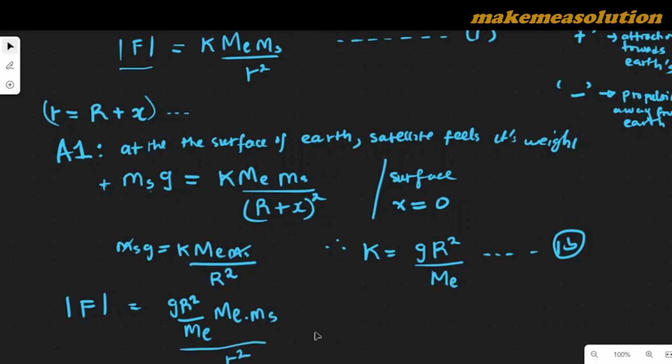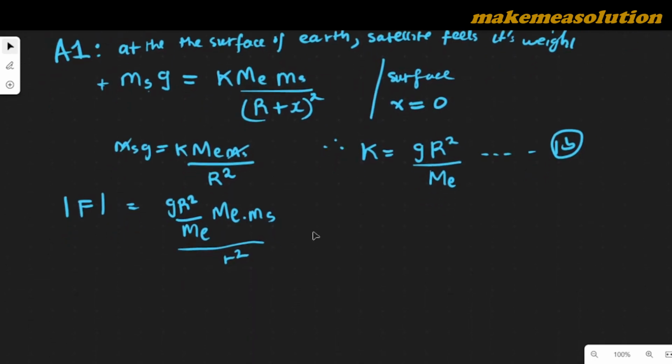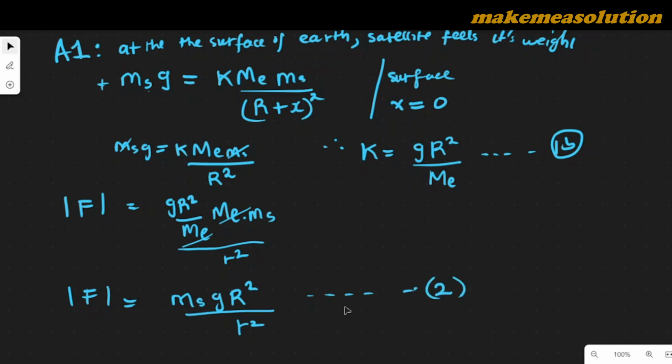If we do the cancellation properly, the magnitude of force is actually the mass of satellite times g r squared over r squared. You can call this equation 2. Are we together?